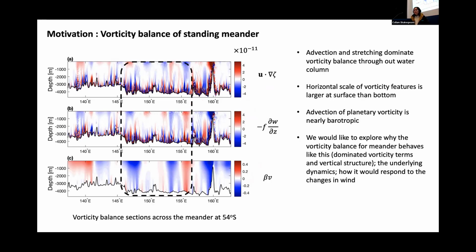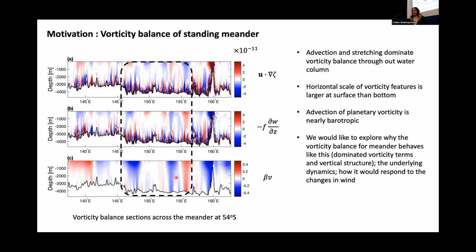The black box marks the location of the Macquarie meander in our domain. And we can clearly see there is vertical structure, especially in advection and stretching, like large scale patches found at the surface, while bottom patches have much smaller horizontal scale and decay very quickly from the bottom up.